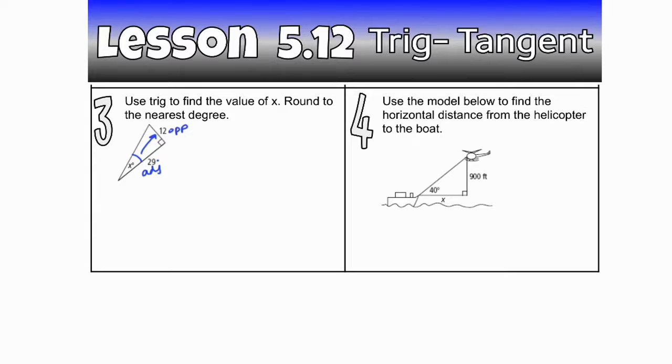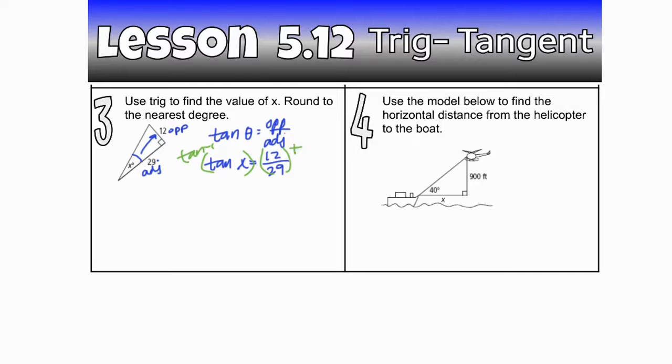I'm going to say the tangent of theta is equal to the opposite over the adjacent. And so the tangent of x is equal to the opposite, which is 12, divided by the adjacent, which is 29. So this time I'm going to use the inverse tangent on each side.